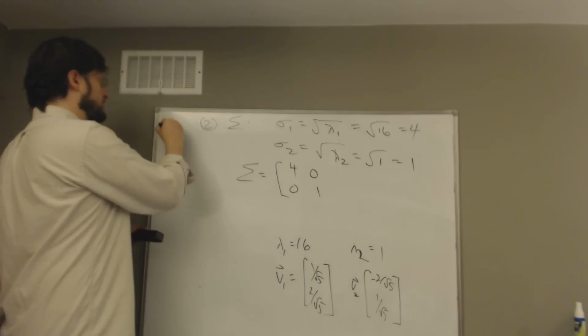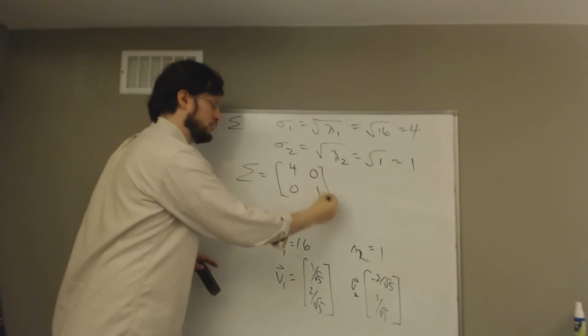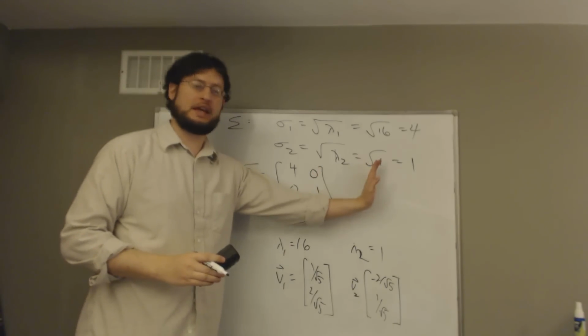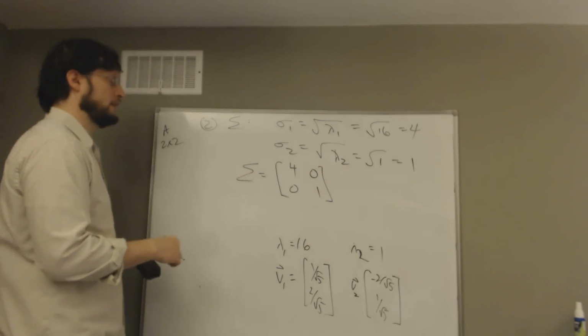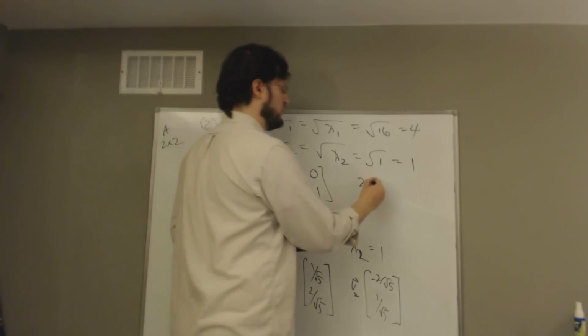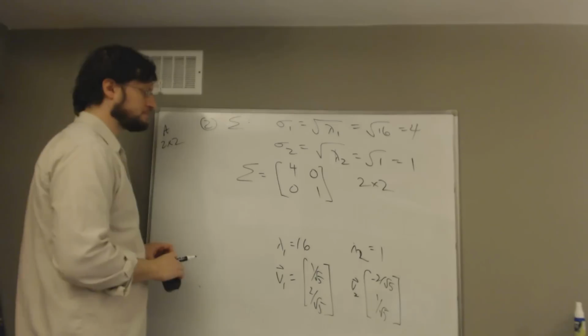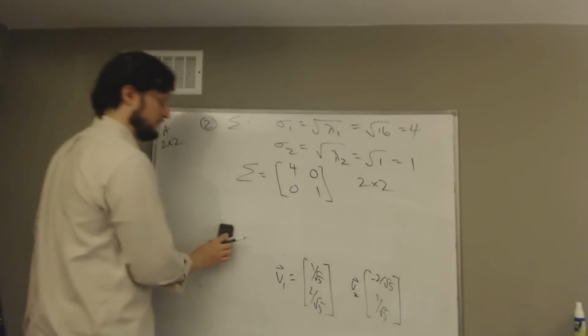Remember, my original matrix A was 2 by 2, which means sigma also has to be 2 by 2, and I don't have to include anything extra on the side or on the bottom. Again, we'll look at an example where we have to do that, but we don't have to do that here. All right, so sigma is also 2 by 2. All right, so that's good.